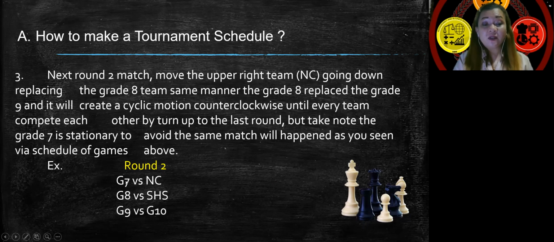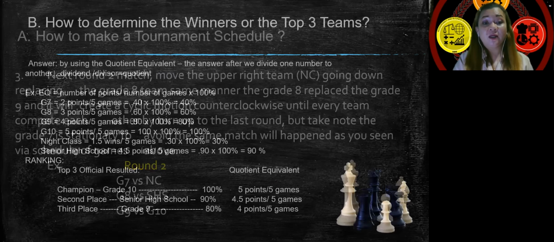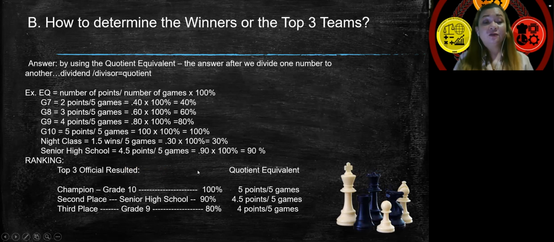So the grade 7 is stationary, as mentioned, to avoid the same match. The rest of the teams will just have to rotate except this grade 7. That is the procedure on how to schedule a game. So round 1, round 2, until how many rounds? For 6 teams, you have 5 rounds.